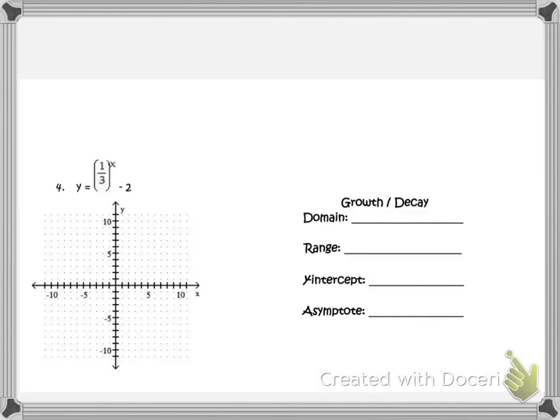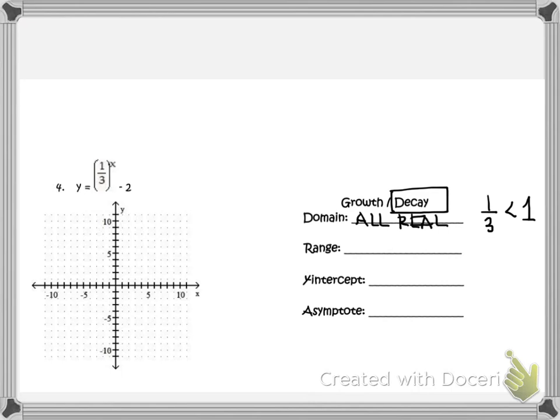Alright, let's do number 4 here. So number 4 here, we've got our b is 1/3. So 1/3 is less than 1, so this is going to be a decay. Okay, so domain here, all real numbers.